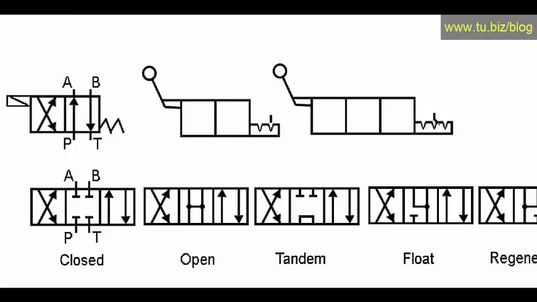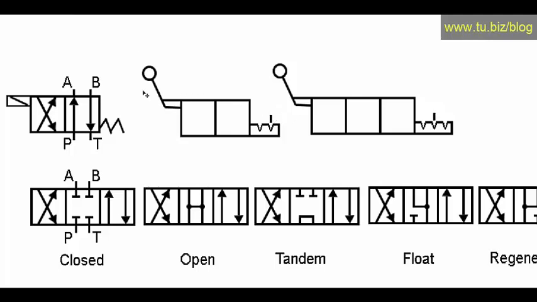The line on top shows the normal position for the valve. So this one, being a three-position valve, you have three notches over here, and you have a line on top, which is going to tell you that it is for a three-position valve, and the normal position is going to be on the center. And this one is a two-position valve, in which the normal position is going to be this one over here on the right.